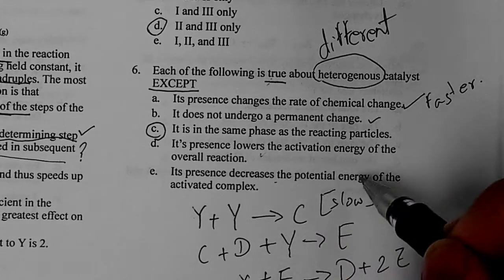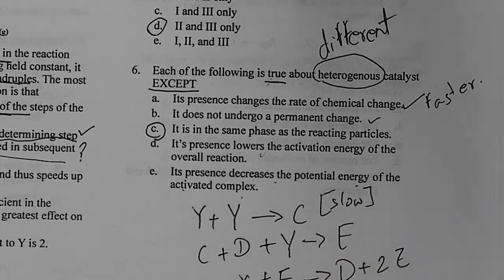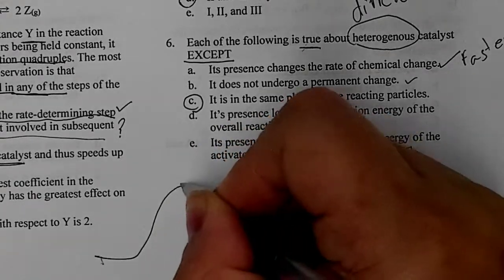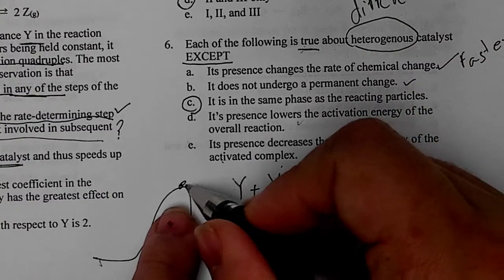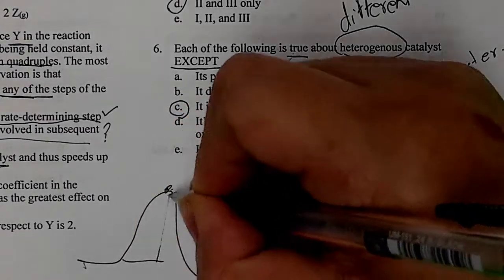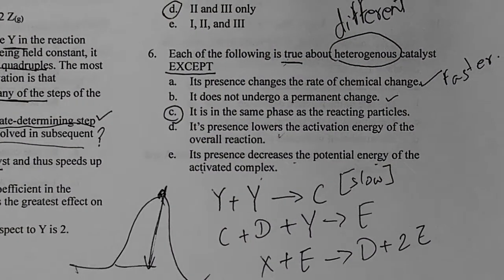Their presence shows the decrease of potential energy or activated complex. Remember, the activated complex is that transition state that happens at the top of that graph. So here is where we have the activated complex or the transition state. And from the reactant to the top of the hill, that is my activation energy.